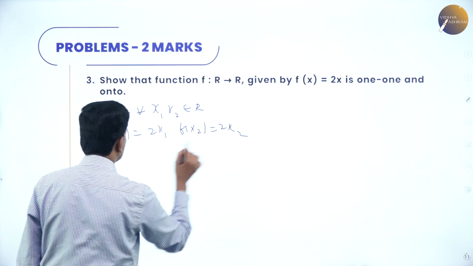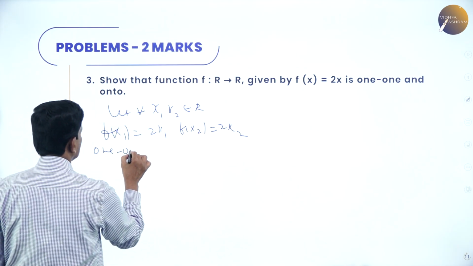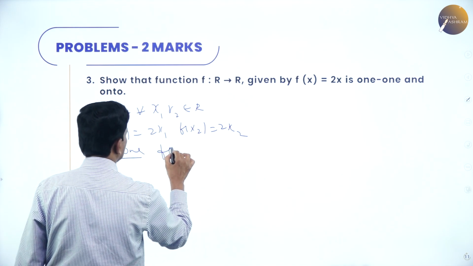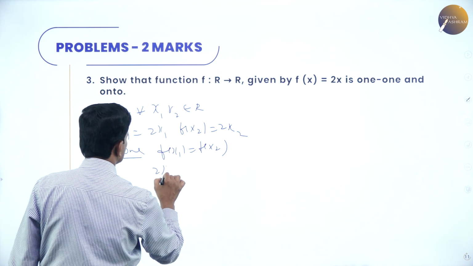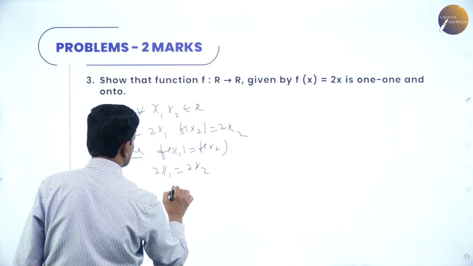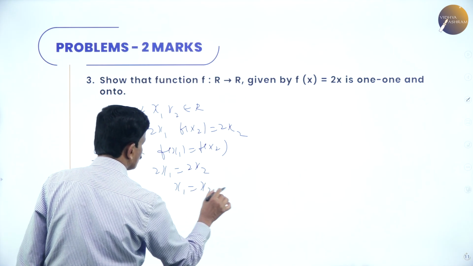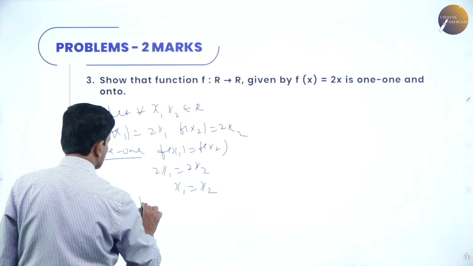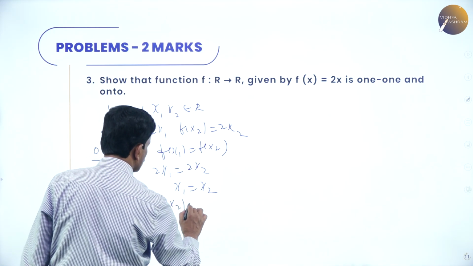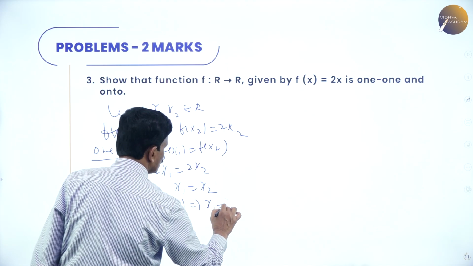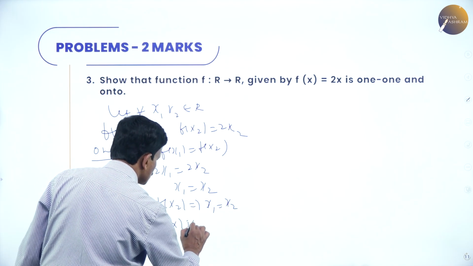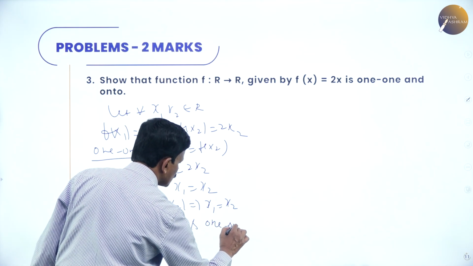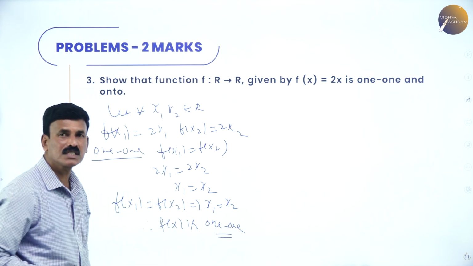Now let us verify first whether it is one-one or not. What is one-one? f(x1) = f(x2), that is 2x1 = 2x2, implies x1 = x2. That means f(x1) = f(x2) implies x1 = x2. Therefore, f(x) is a one-one function. First condition is satisfied.